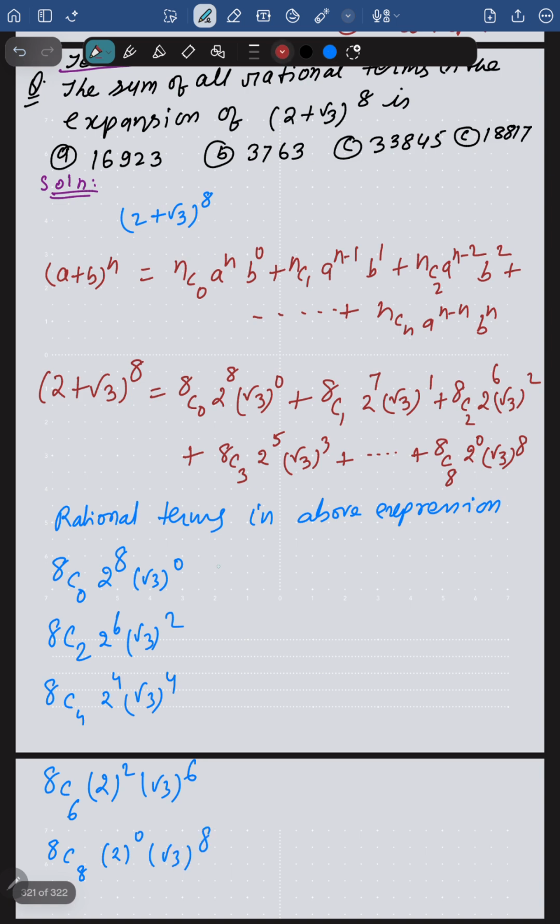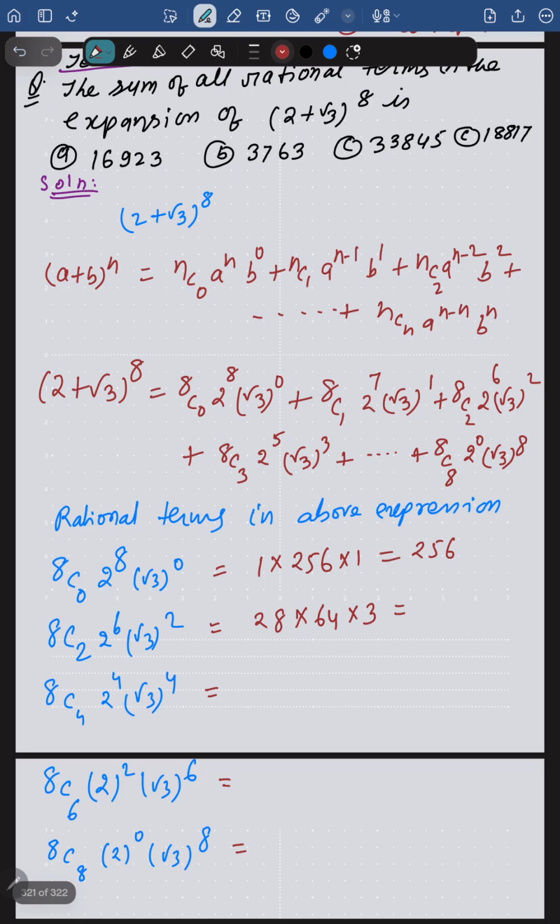In this way you will get these values. You can calculate now. 8C0 is 1. 2 to the power 8 is how much? 2 to the 4, 2 to the 8, 2 to the 16, 256 into 1, that is 256 you are getting. 8C2 will be how much? 8 into 7 upon 2, so 28 into 2^6, 64, into 3.